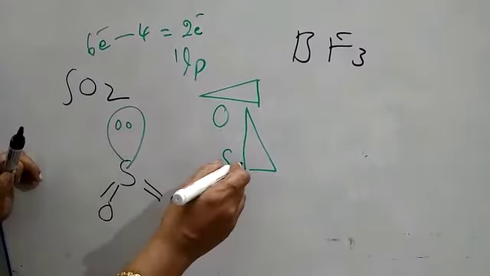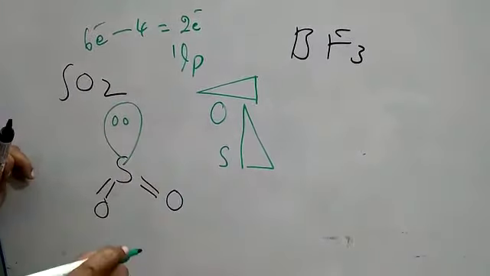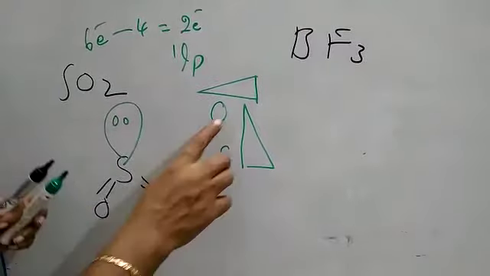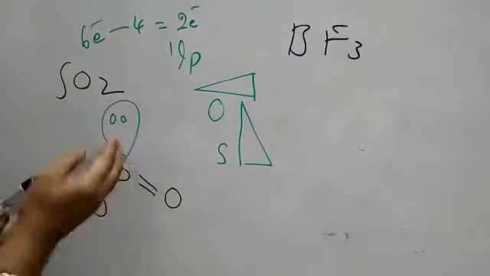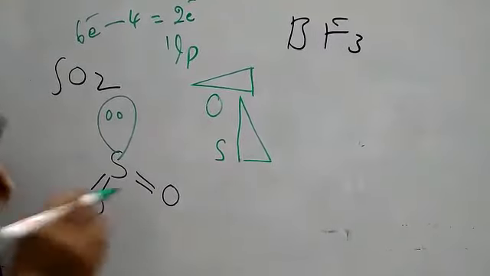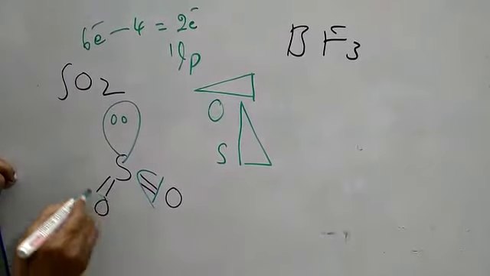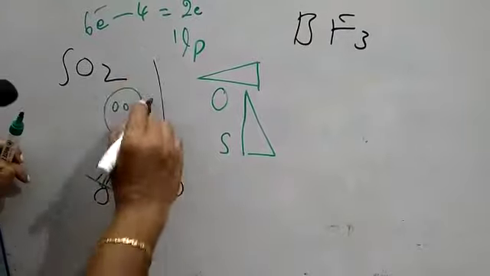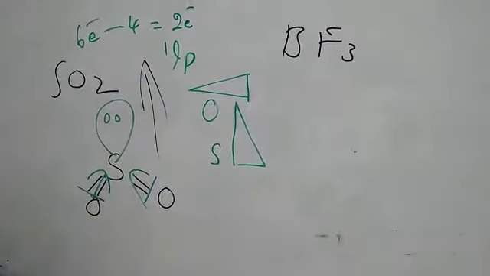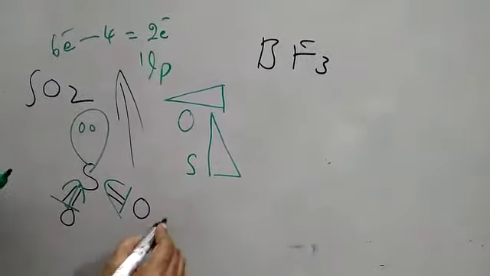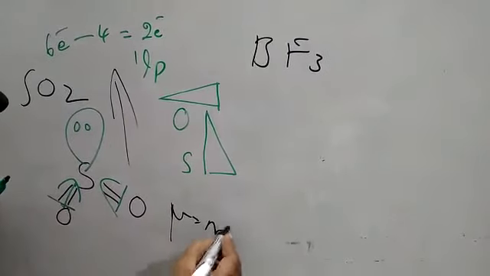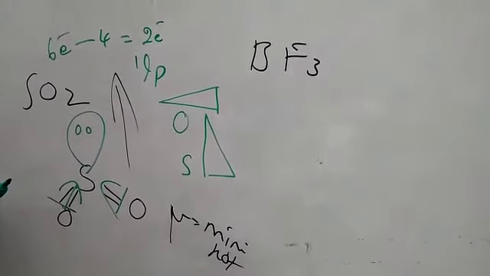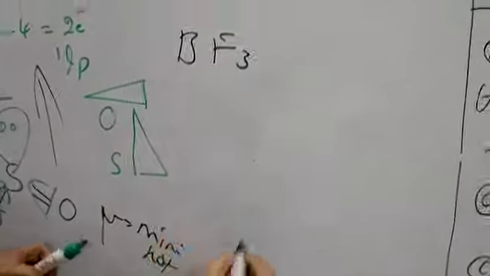So it is moving from oxygen to sulfur, lower to higher. So this direction is towards this. Like that, this direction here. So the resultant dipole moment increases in this direction. So here also mu is not minimum. Okay, let us go to the next one.